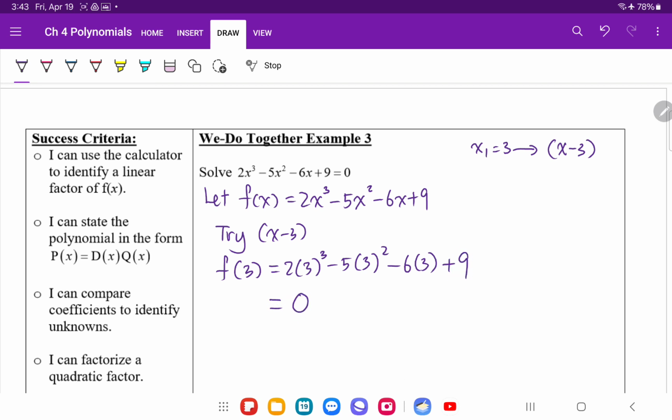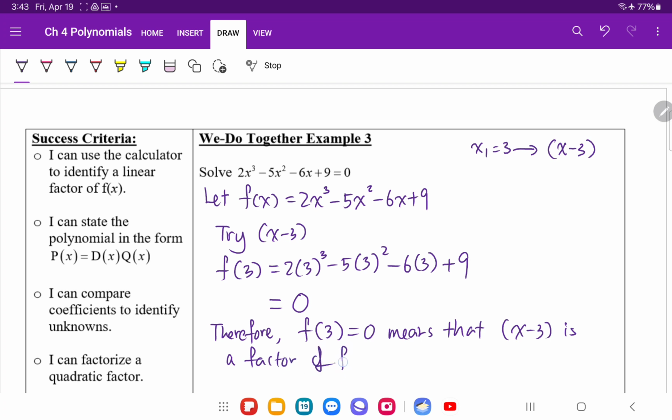So what can we say from here? Therefore, f(3) equal to 0 means that x minus 3 is a factor of f(x). But don't forget, this is because of the factor theorem. Make sure you put in by the factor theorem.